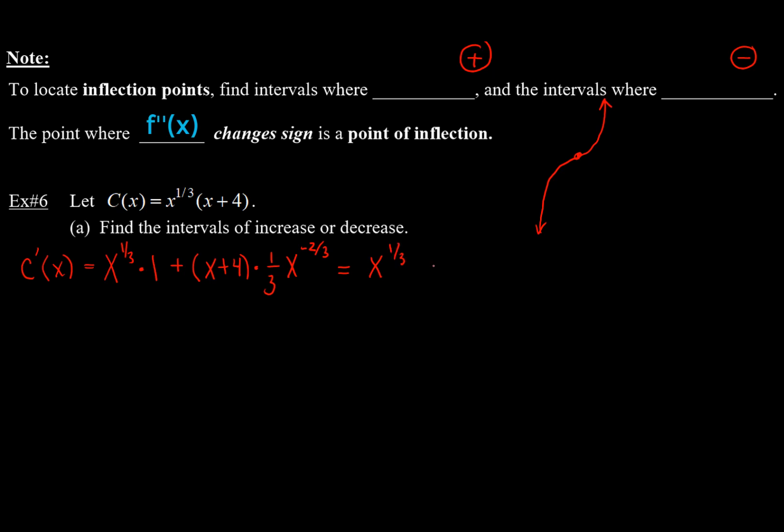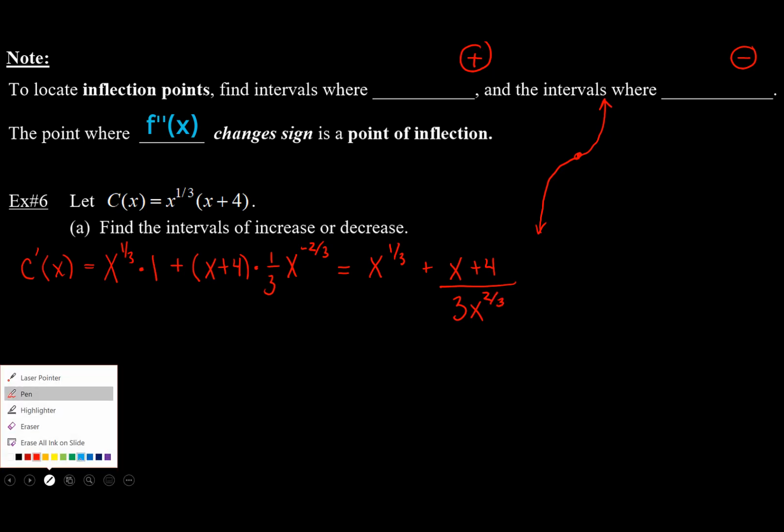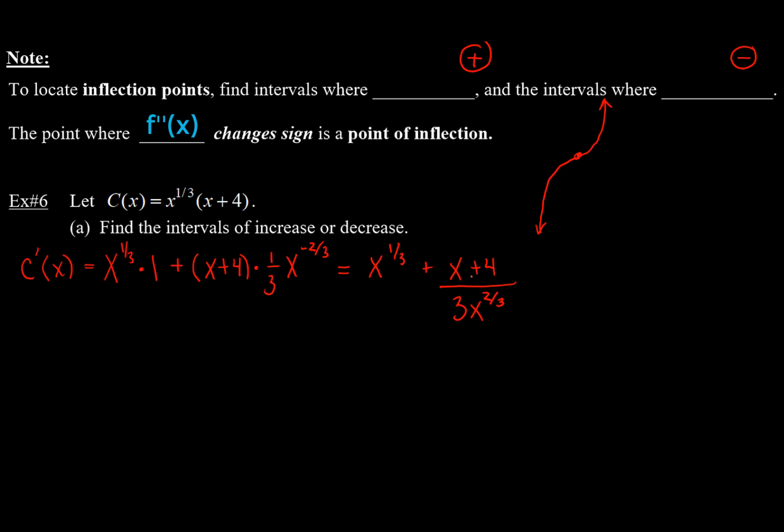So I've got x to the 1/3, and then I have x plus 4 on the top, and 3x to the 2/3 on the bottom. All right, well, remember I need to combine them because right now my goal is to have it as a fraction. Right now it's something plus a fraction. I want a fraction so I can set it equal to 0, so I can find out where the fraction equals 0, and then also where it doesn't exist.